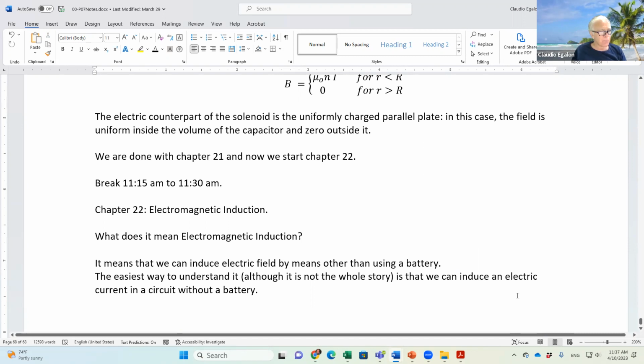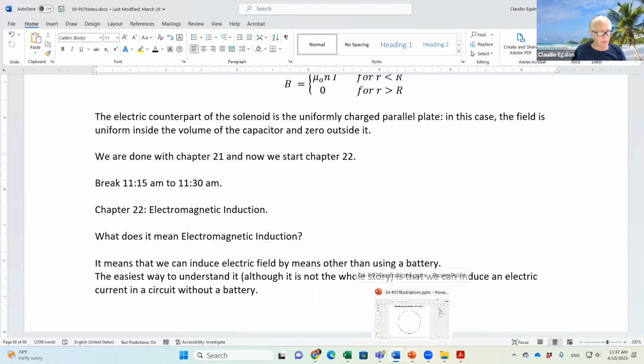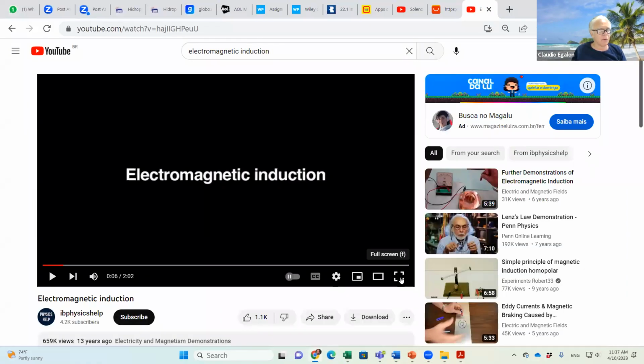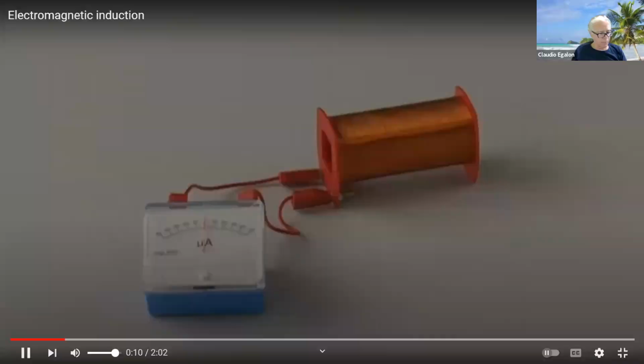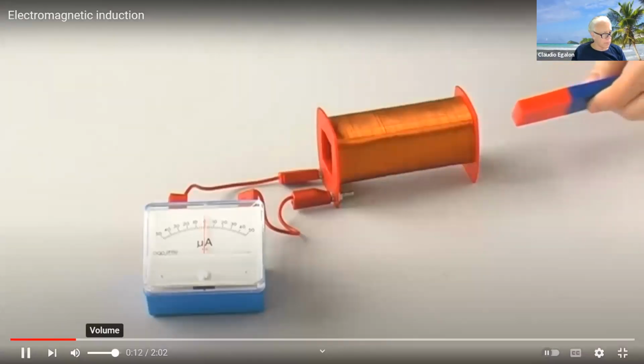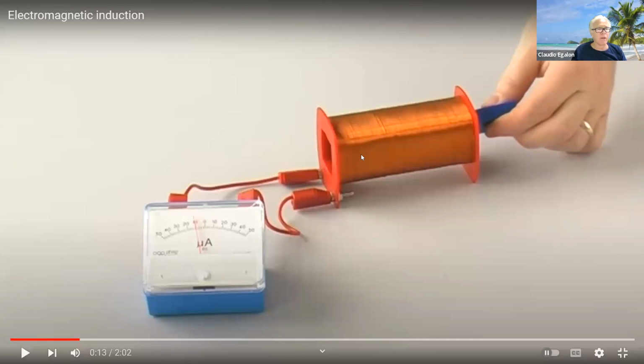Okay, I'm going to illustrate that for you. Let's go to YouTube first. Okay, here you go. Here's my solenoid, a solenoid with square cross section.